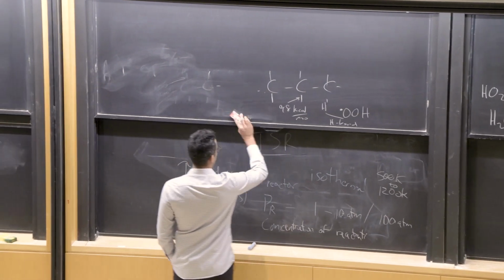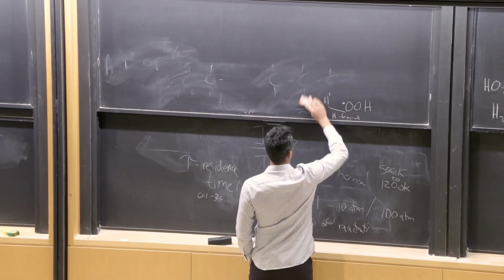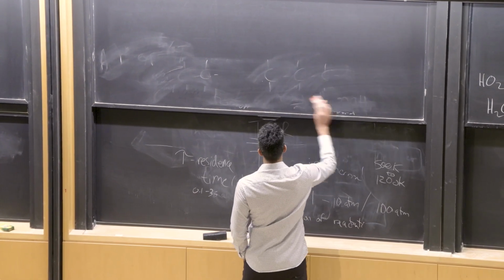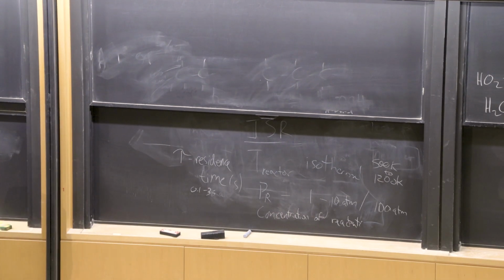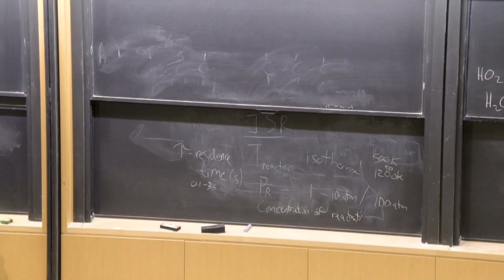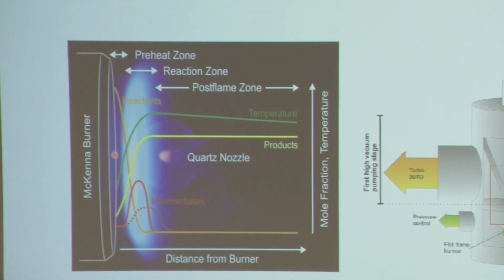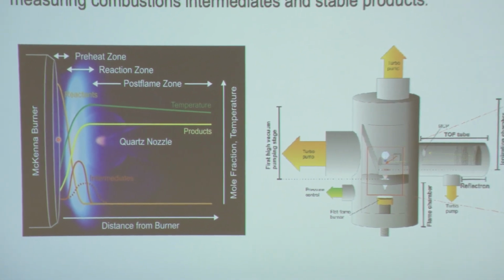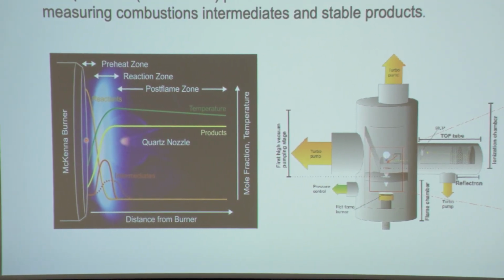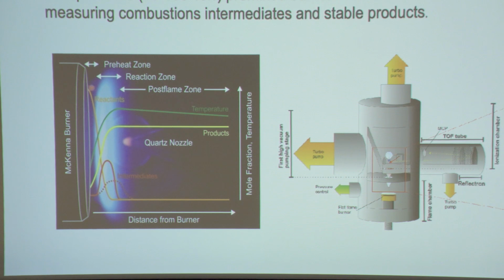So a premixed burner stabilized flame is shown up above. I think I drew it earlier. You have some kind of burner. The burner I show here is a McKenna burner. It's just a porous burner, so you have a sintered metal matrix through which the gas flows, in this case, to the right.